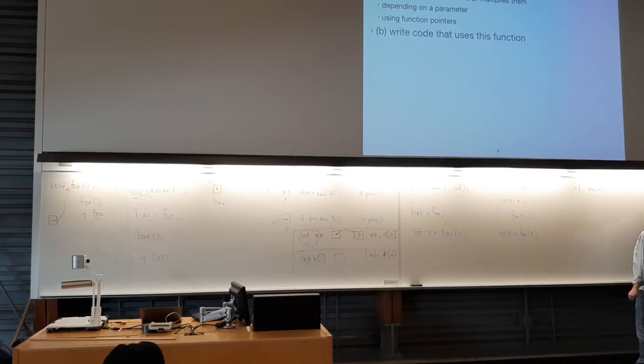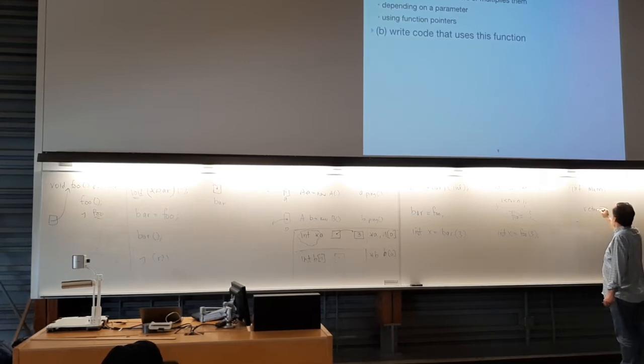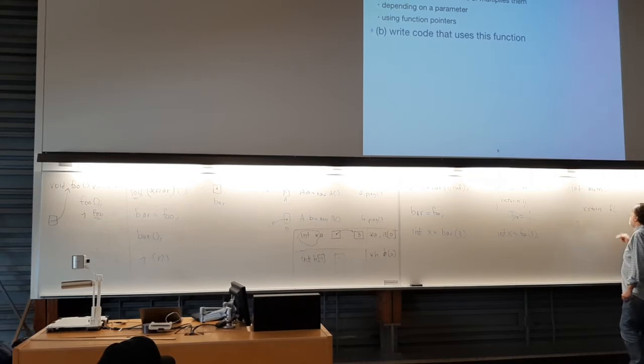So we'll have a parameter, and that parameter needs to be a function pointer that takes two values. Then you'll use that function pointer to either add or multiply like this.